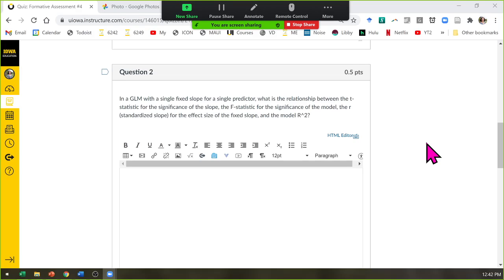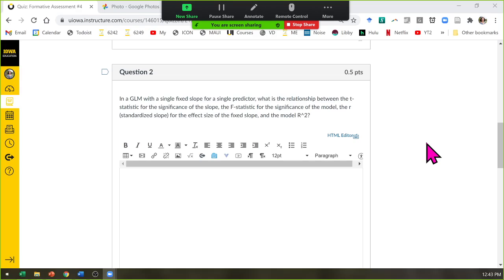So F and R squared come into play when there's more than one slope in the model at the same time. That can happen if you have, say, a linear and quadratic effect of age. It can happen if you have three groups, which takes two slopes to distinguish them. It can happen if you have an X predictor and a Z predictor, for instance. So there's lots of instances in which you'd have more than one slope.